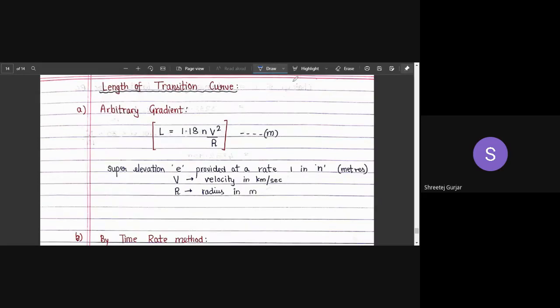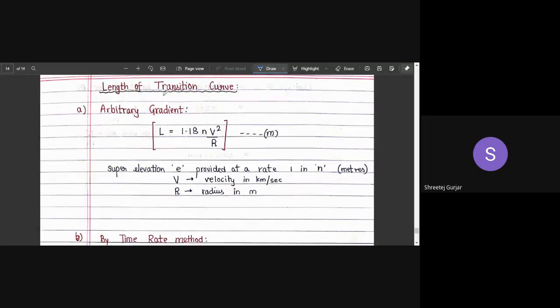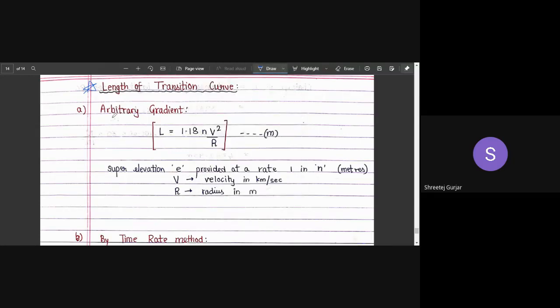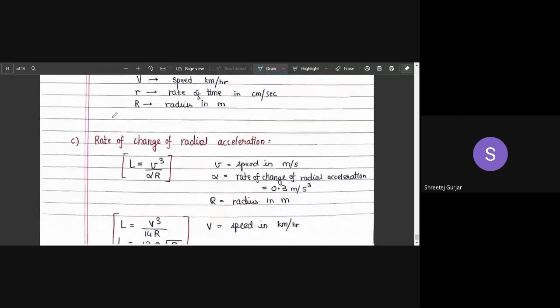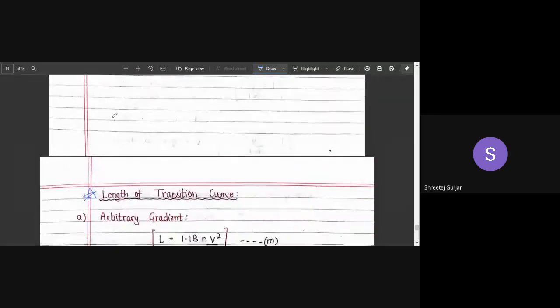So here you can see I have written down a few formulas regarding length of transition curve. Important concept, right? They will be asking you the length of the transition curve in exam. So we have A, B, C. We have three methods of calculating your length of transition curve.